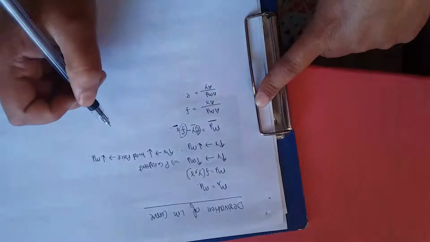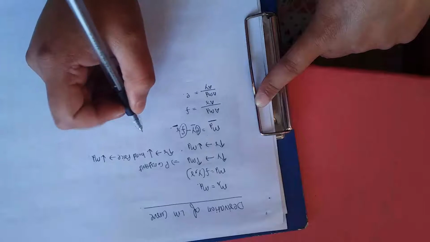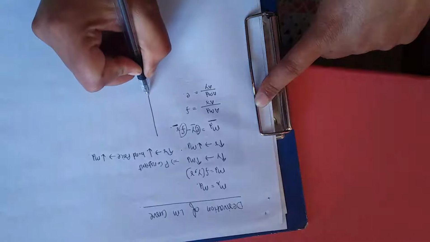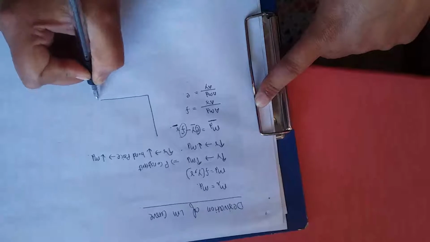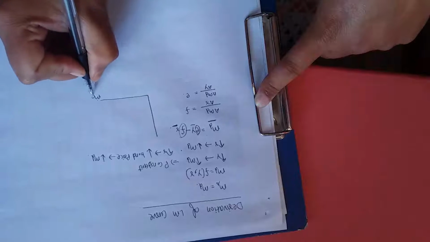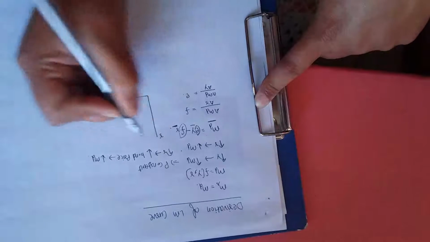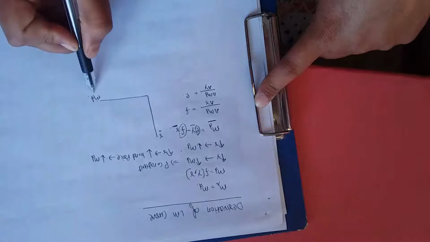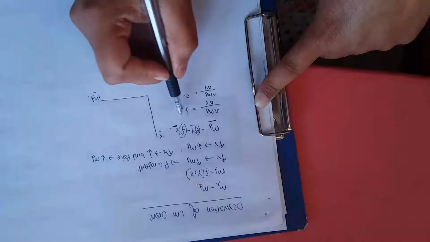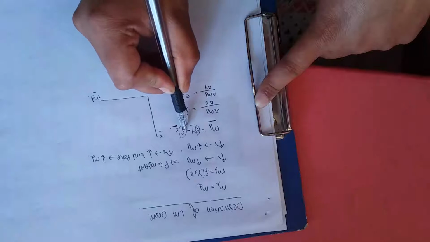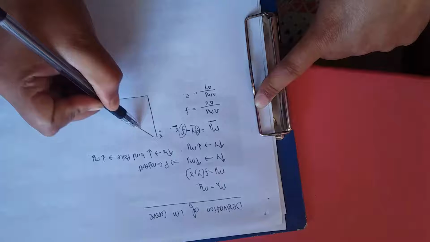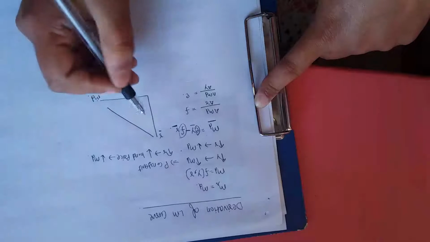We can show this with the help of a diagram. This is money demand and this is rate of interest. There is a negative relationship between rate of interest and money demand, shown by the negative sign, so we draw a negative curve.